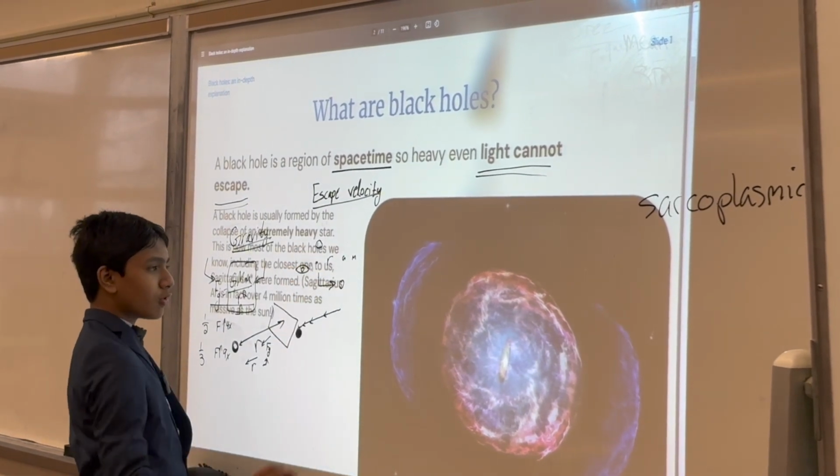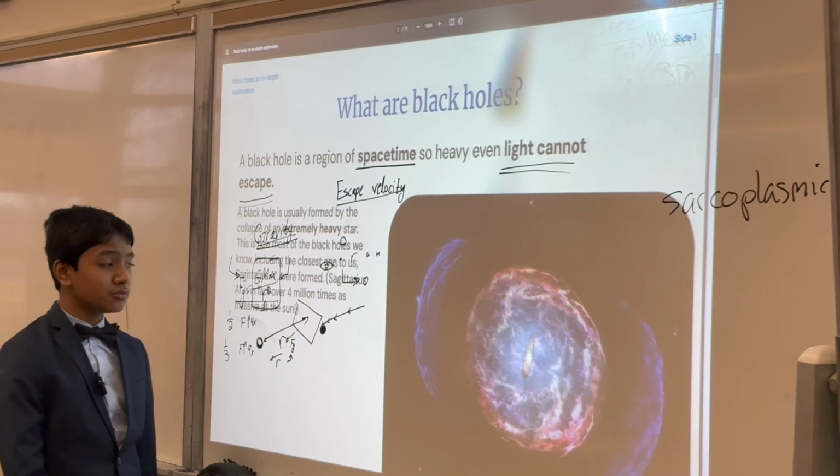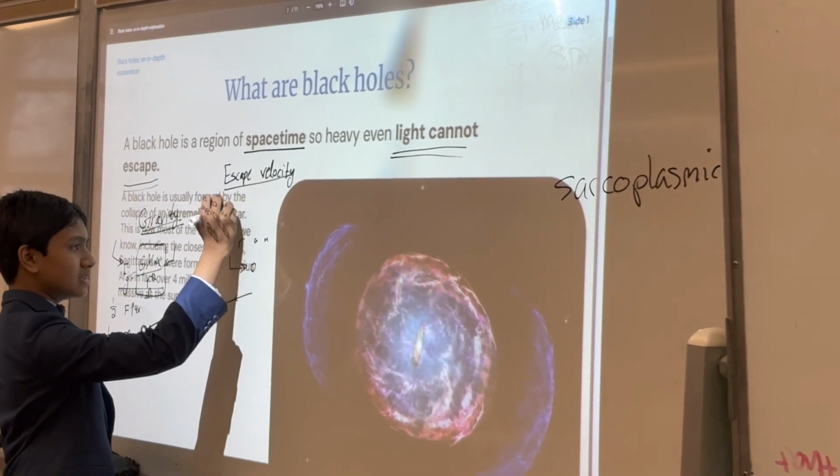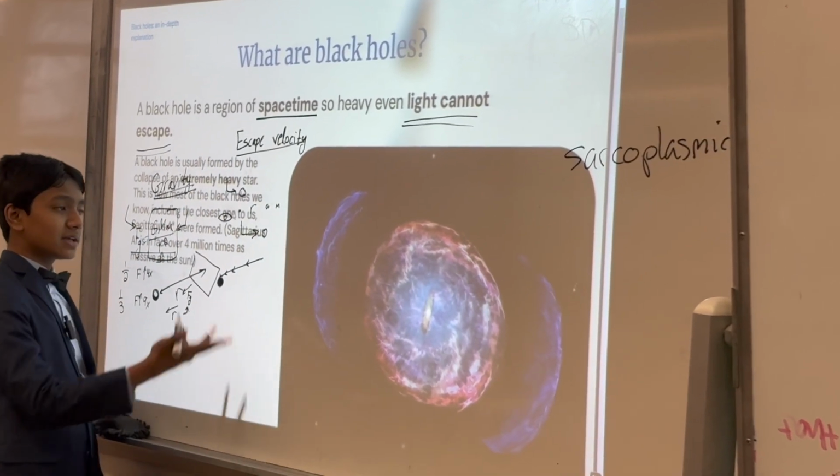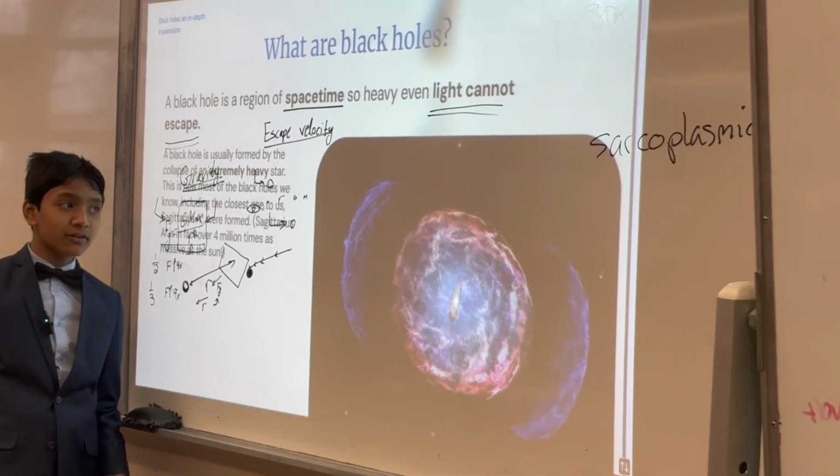Which means that if this rock is exerting practically 0 force on you, you don't need really any velocity to escape its gravitational field because it doesn't exert any force on you to begin with.